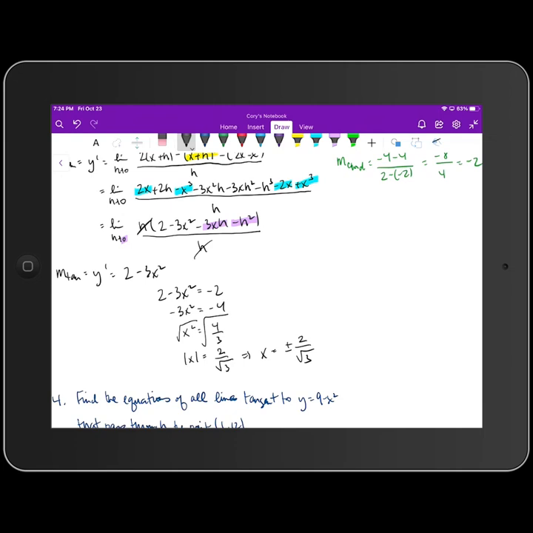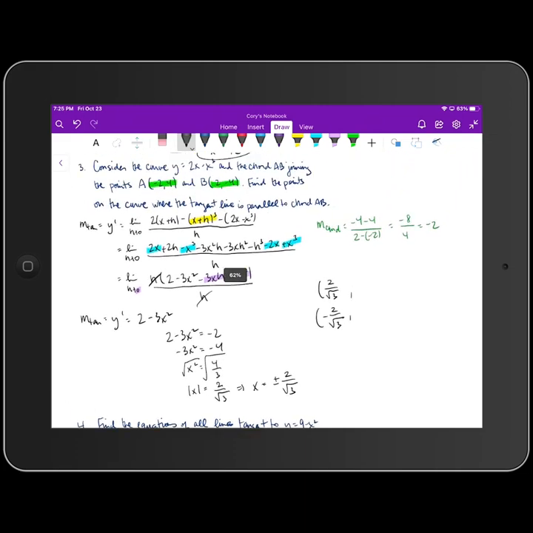Now, the thing that you guys will appreciate here in calculus is you don't need to rationalize denominators in calculus. Okay, so if you were to rationalize that, I know that would be 2 rad 3 over 3. You don't have to do that in this class. Okay, so that gives me the x coordinates of both of my points. The first one is positive 2 over rad 3, and the second one is -2 over rad 3.